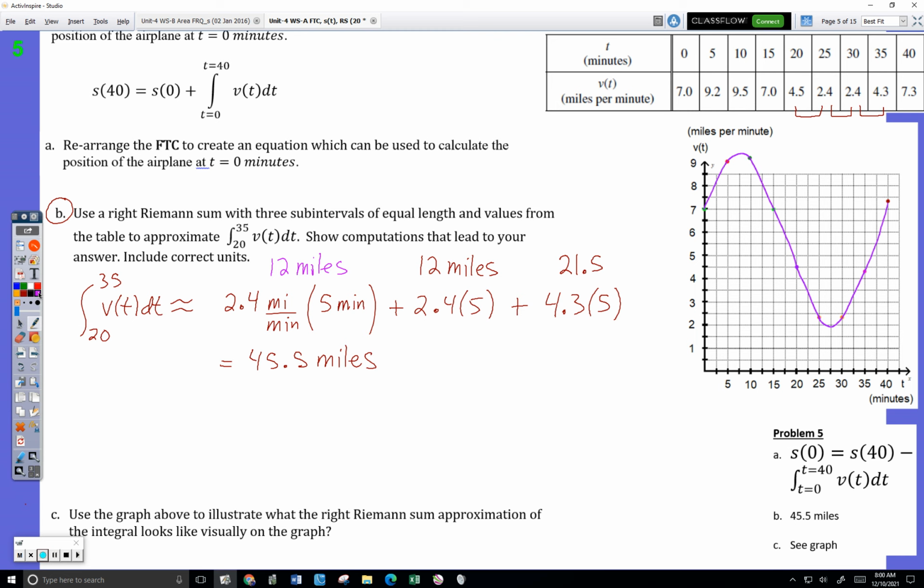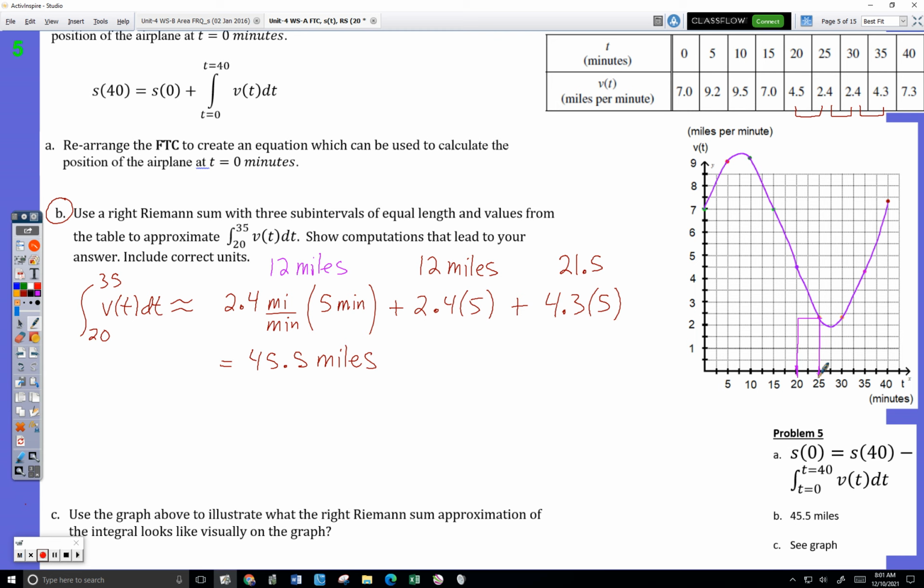You follow Spencer's lead and you say the first time period was 20 to 25, so I've got to have a box there, and the height of that box is 2.4. So that's why I go up to here. So your first box should be from 20 to 25 and should be a height of 2.4. Raise your hand if you have that point.